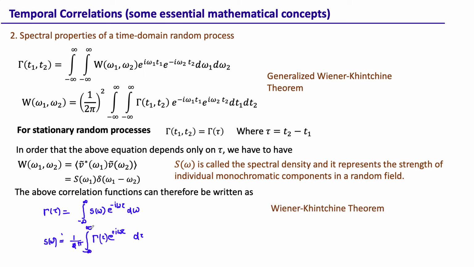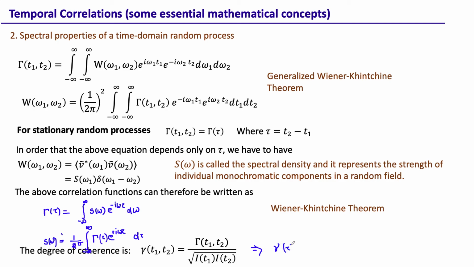The other one was the generalized Wiener-Khintchine theorem; this is just called the Wiener-Khintchine theorem. In this case, the degree of coherence, which was defined like this, we can write as gamma of tau equal to capital Gamma of tau over the square root of I of T1 times I of T2. Since intensity is independent of time for a stationary random process, I of T1 and I of T2 are just I at t equal to 0, and the square root we can get rid of.